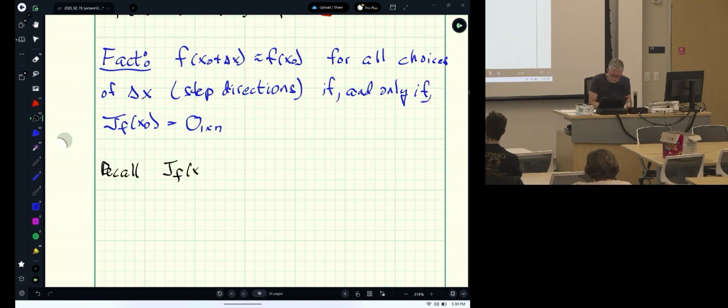The Jacobian is a function. It's the first partial derivative through the nth partial derivative.